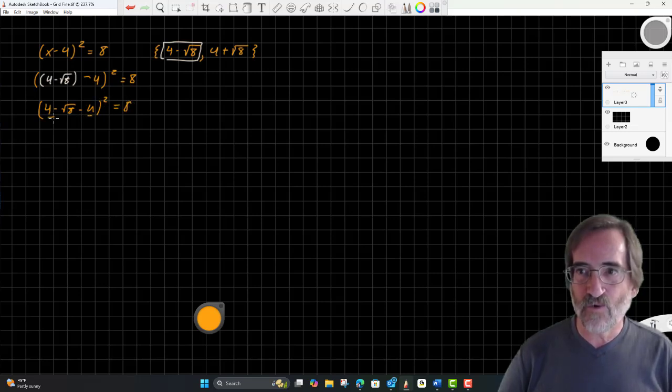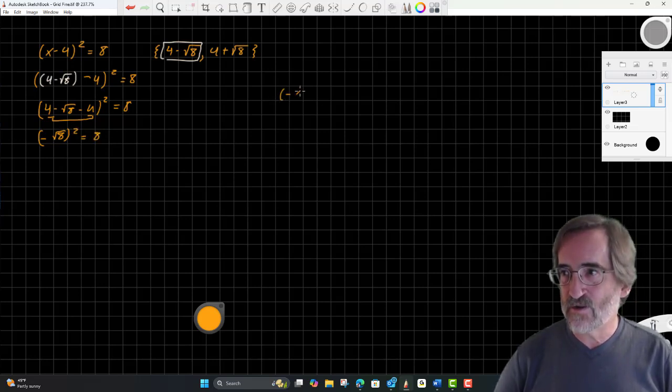4 minus 4 is 0. And we get negative root 8 squared. Negative root 8 squared is like this: negative root 8 times negative root 8.